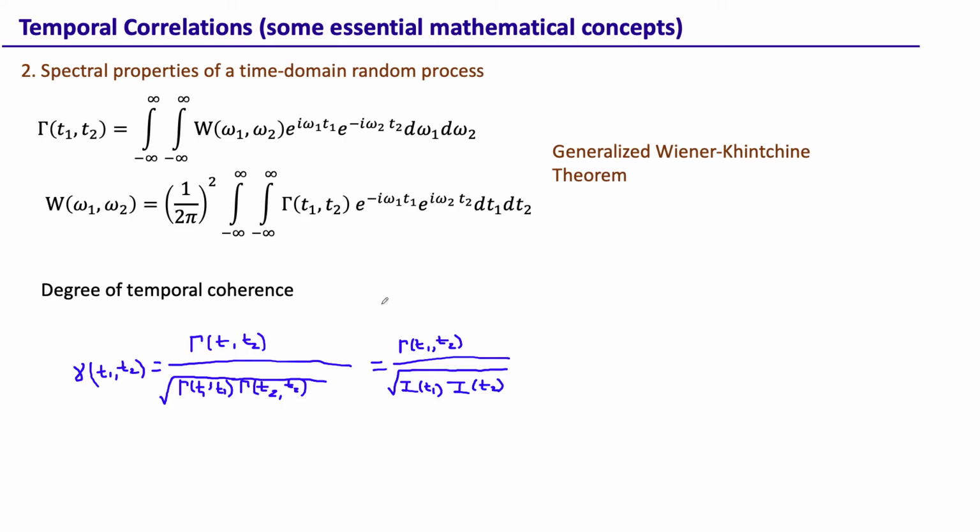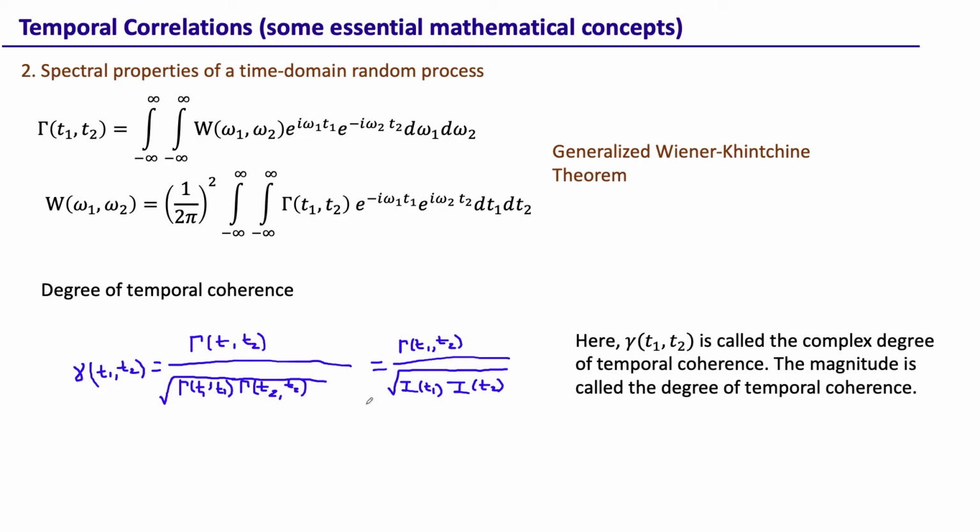So if you take the cross correlation function and divide it by the two intensities, I(t1) and I(t2), then that gives us the degree of temporal coherence. But again this quantity is actually a complex number, so we call it the complex degree of temporal coherence, and the magnitude of this quantity is called the degree of temporal coherence.